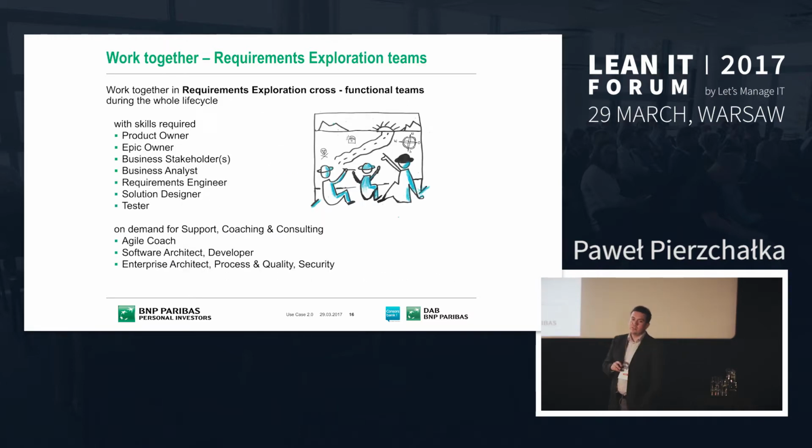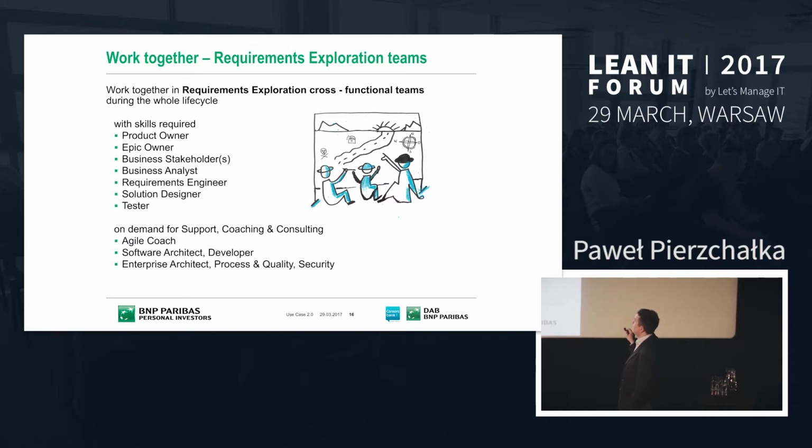Some words about what we currently do with use case 2.0 in our organization. First of all, we use this approach to improve our business requirements exploration activities. When the demand is arising, or when there is a new idea for a new product or a new service, we create requirements exploration teams.